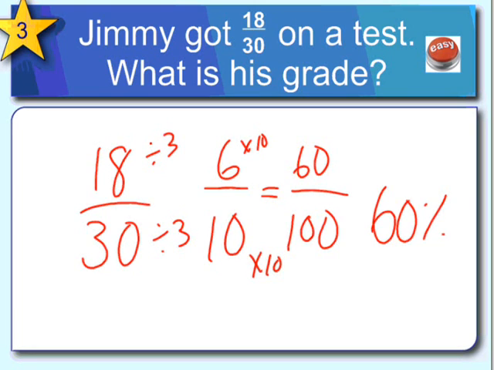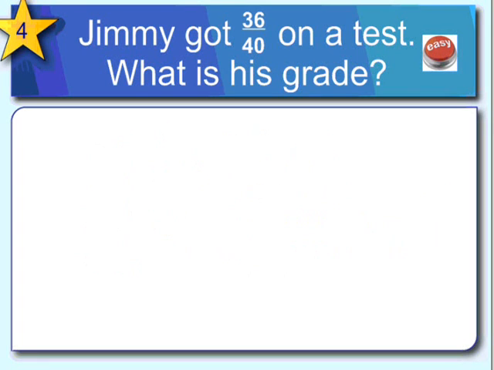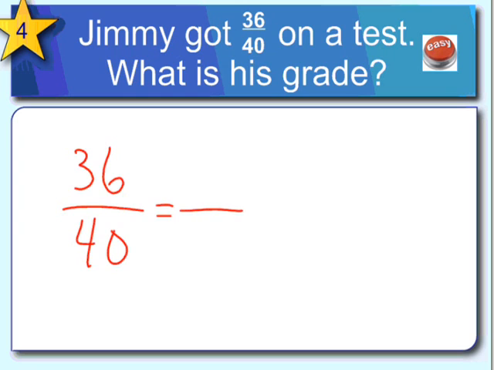And we'll look at one final example. Jimmy got a 36 out of 40 on a test. What is his grade? Well, I think Jimmy did pretty well on this one. Actually, on this one, you could multiply 40 times 2.5 and the top times 2.5.